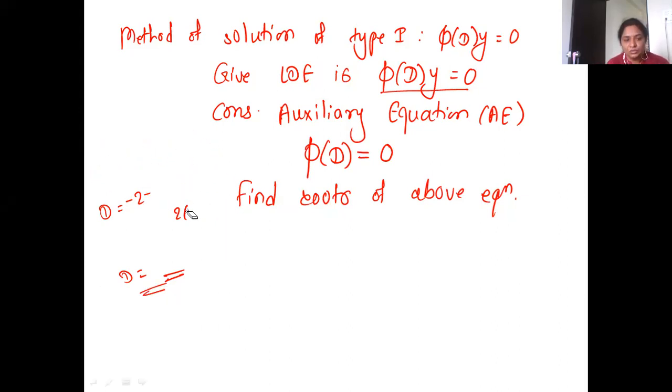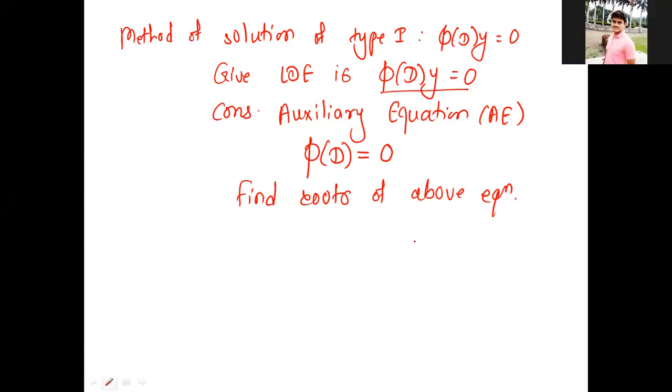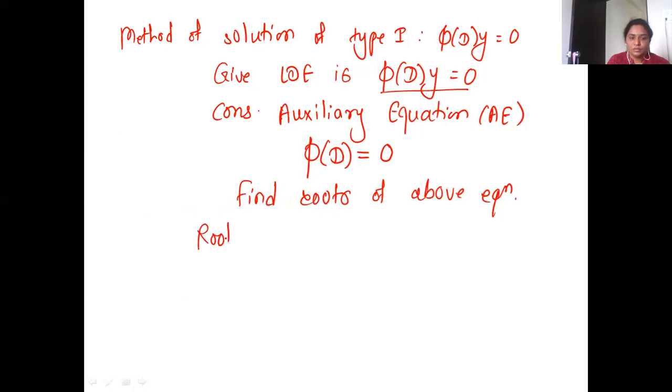Are you able to understand roots now? Yes, ma'am. So your job is to find the roots of this equation. Say the roots are m1, m2, and so on up to mn. If it is an nth order equation, it will have n roots, like m1, m2, mn.